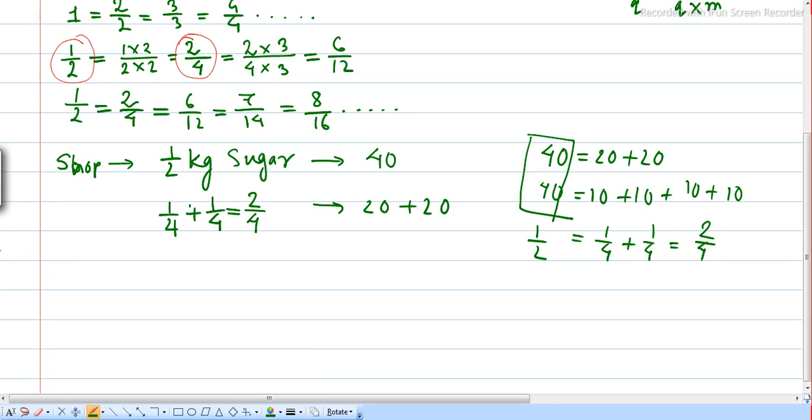Find 4 rational numbers equivalent to 5/8. One question is given here.